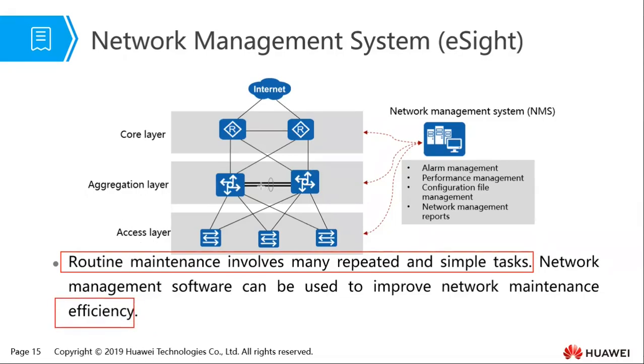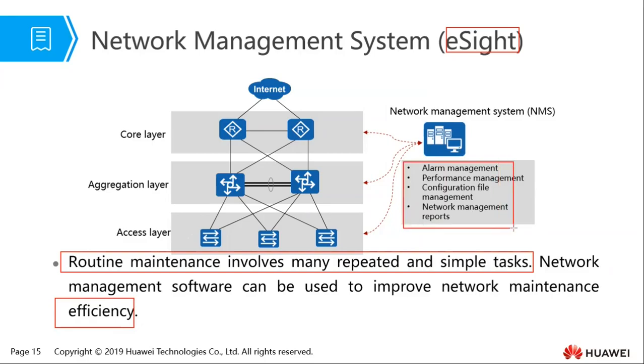Normally we implement an NMS, for example, the Huawei eSight. Most of those things that we've looked at, for example, monitoring the device status and the interface status, are actually automated by the network management system.